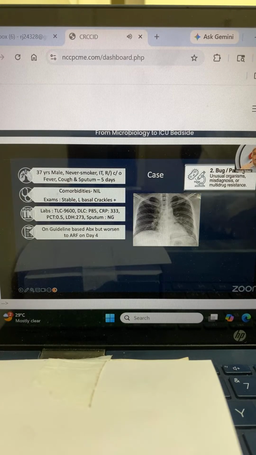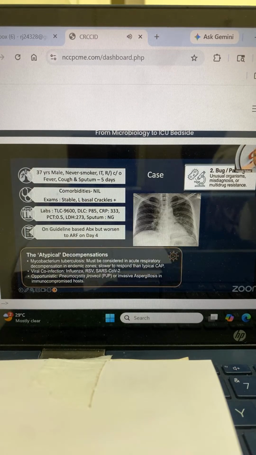He was given IV amoxicillin clavulanic acid and azithromycin, and he continued to worsen, and on day 4 he developed respiratory failure, a lot of hue and cry.